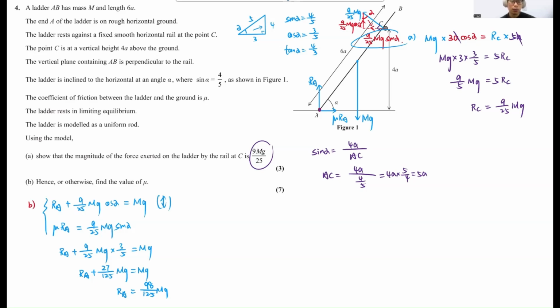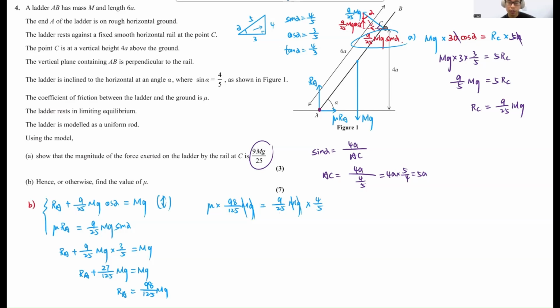Now we have the value of RA, so we can substitute into the second equation. So mu times RA, which is 98/125 mg, is equal to 9/25 mg times sine alpha, which is 4/5. Simplify this by dividing by mg on both sides, so mg cancels out.